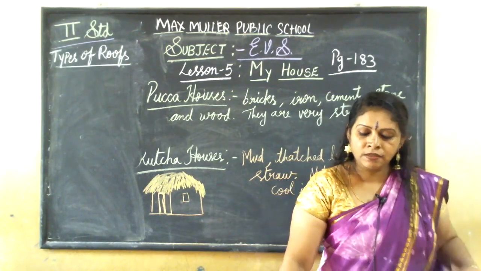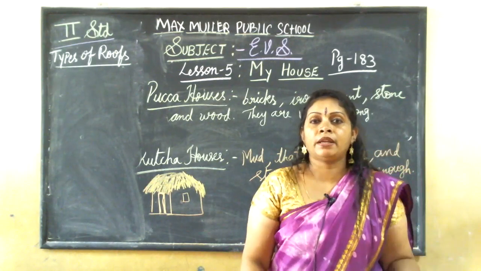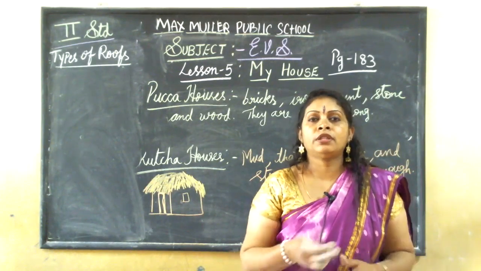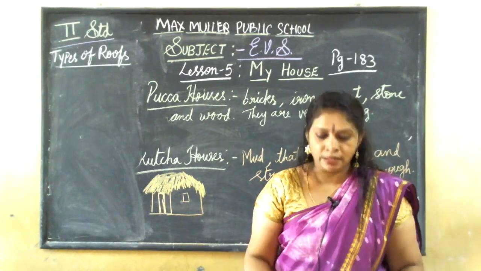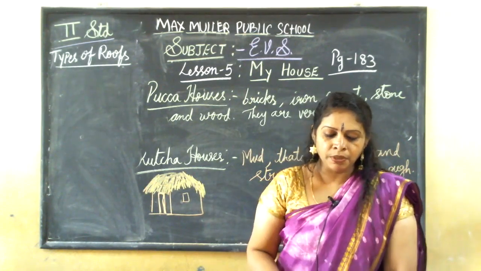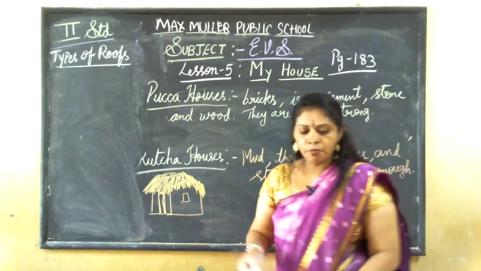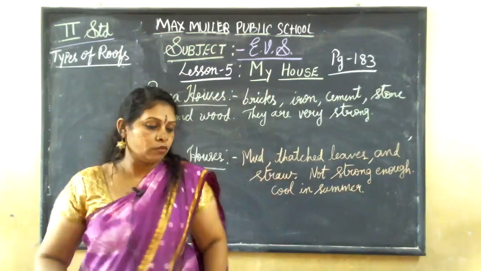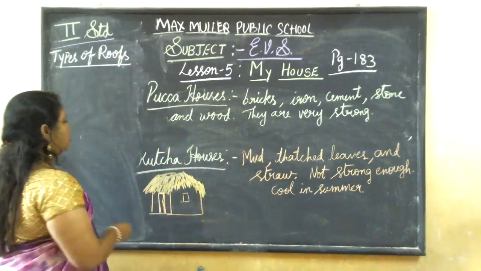Now in hilly areas or places where it rains a lot, often rain, like Madikeri, Coorg and all, it will be raining only. So there are some places where it always rains. A lot of people build houses with sloping roofs. Sloping roofs means, now see, a house with a flat roof.